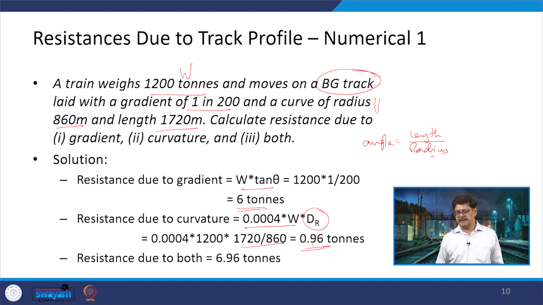What we get is 0.96 tons. Therefore, the resistance due to gradient and resistance due to curvature comes out to be 6.96 tons. So, this is the amount which will be there.